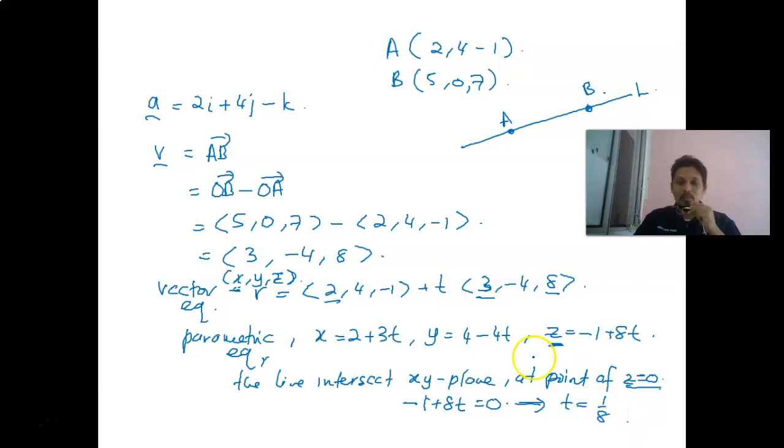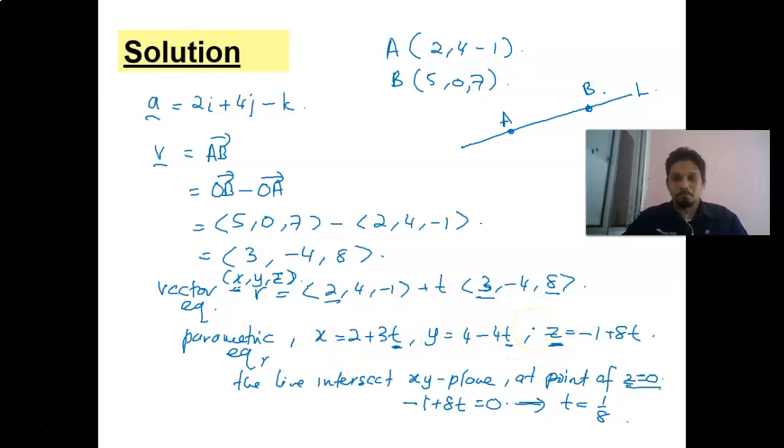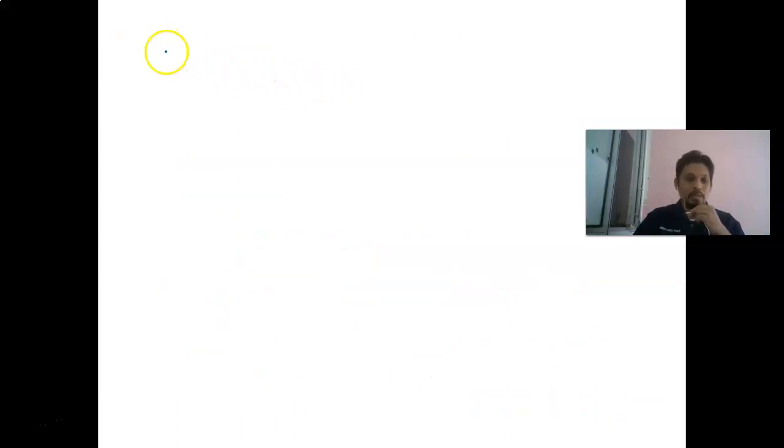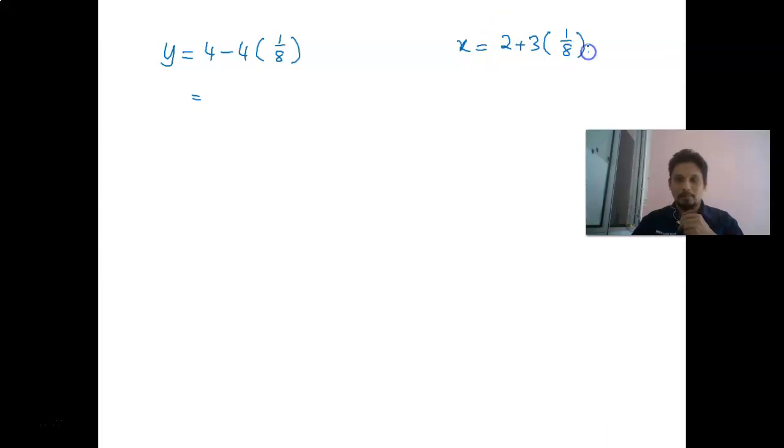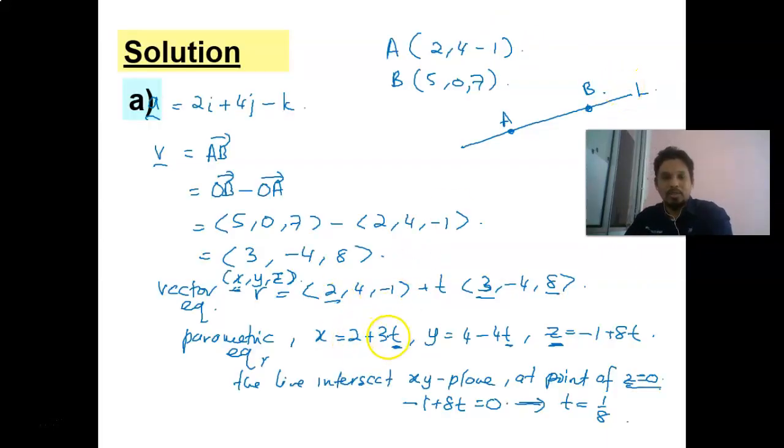When t is 1 over 8, we substitute into the other equations to find the values of x and y where z equals 0. Y equals 4 minus 4t, with t equal to 1 over 8, and x equals 2 plus 3t.